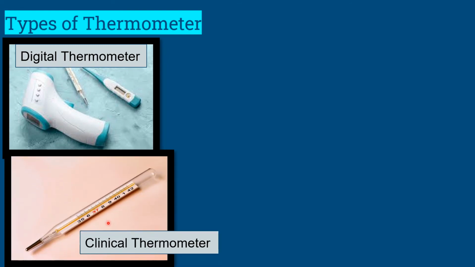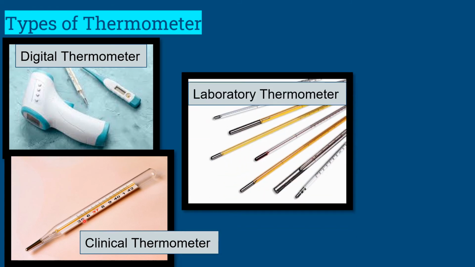Clinical thermometers are used at homes all the time, and the normal body temperature of a person is 37 degrees Celsius, which is noted over here. To measure temperatures, the scale goes from 35 degrees Celsius to 42 degrees Celsius. These days, digital thermometers are normally used instead of clinical thermometers.